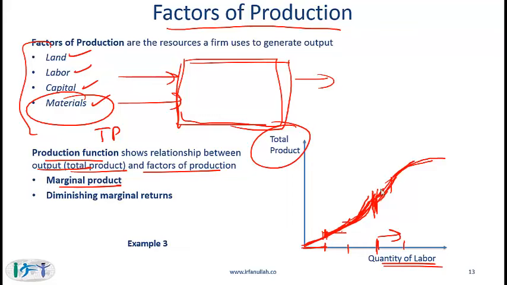So there are returns, output is up, but at a diminishing or lower rate. Then we reach a certain peak, and after that adding more labor actually produces less output. So here we are majorly inefficient. These are simple concepts that are discussed in more detail later, but what I want you to do at this stage is cover example 3 in the curriculum.